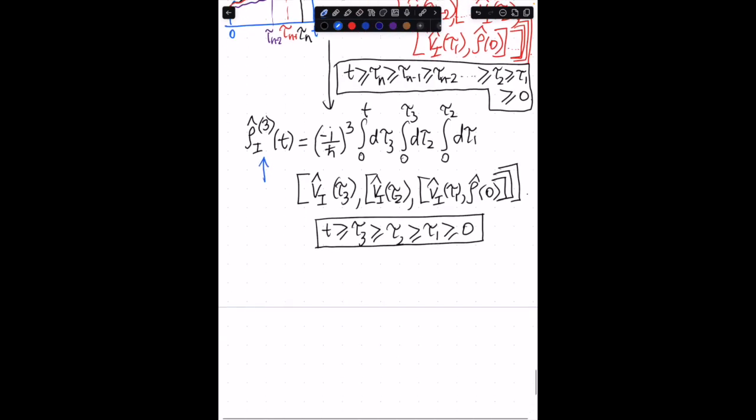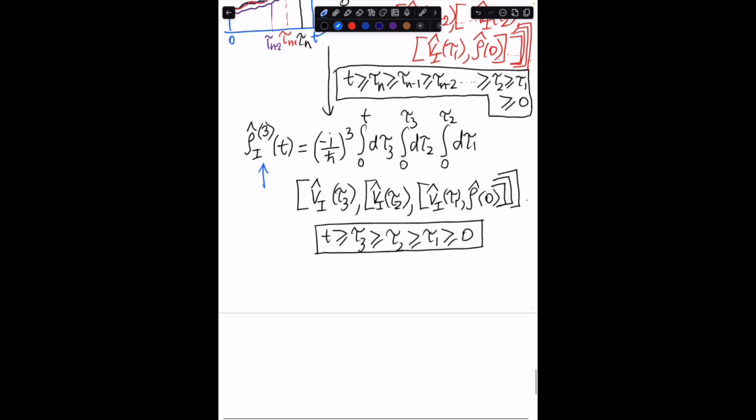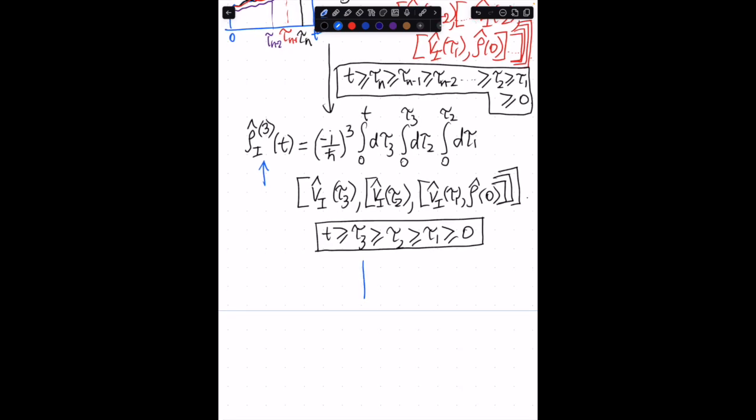And now what I would like to do is to introduce the form of the perturbation which is considered in a spectroscopy experiment. But before I do so, what I would like to do is also go back to the rho of t.